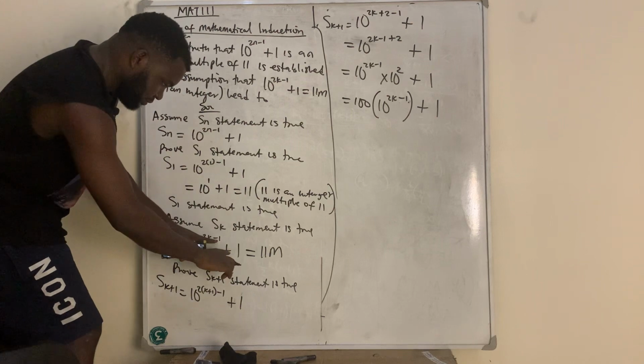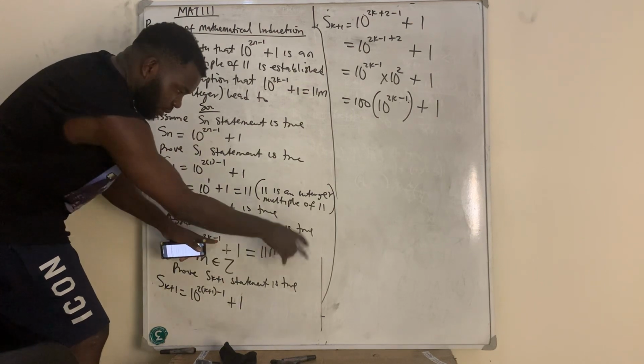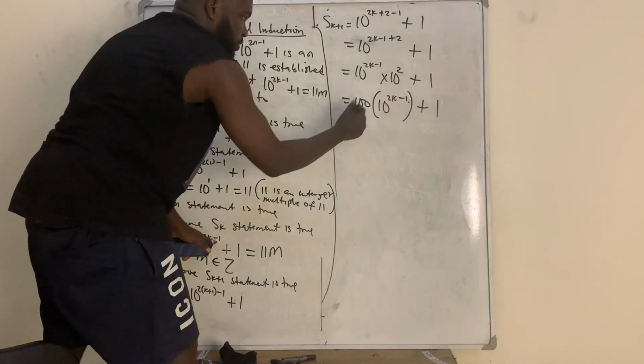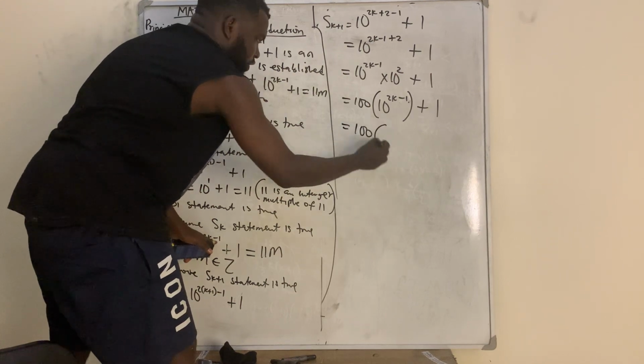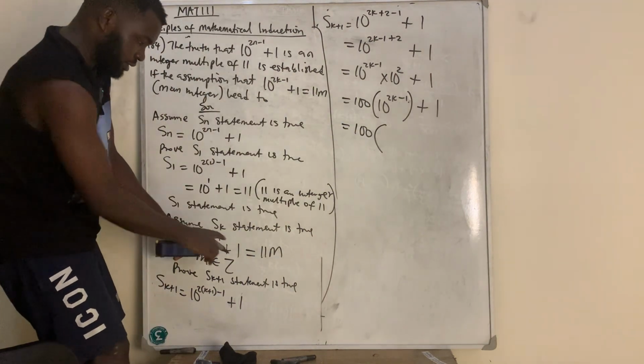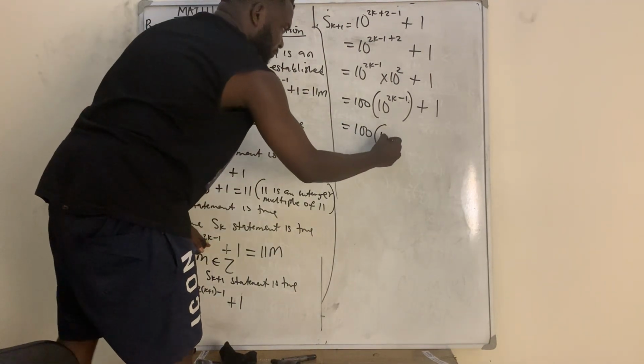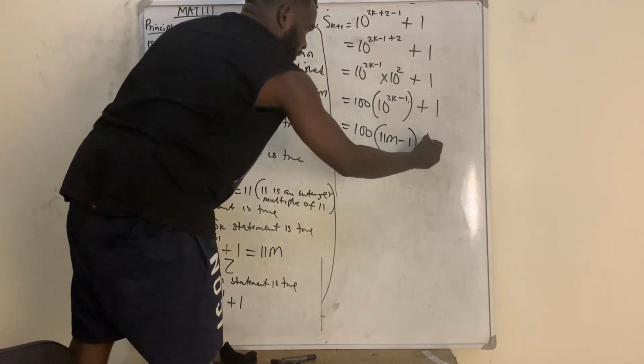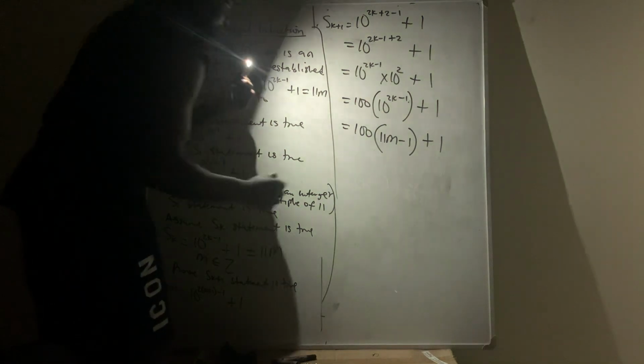Now, from SK, let's make that 10 raised to power 2K minus 1 the subject. You make it the subject, that means it is now 11m, this one moving here minus 1. So instead of putting this, I'm going to have 100 into 11m minus 1, then plus 1. So permit me to finish it.